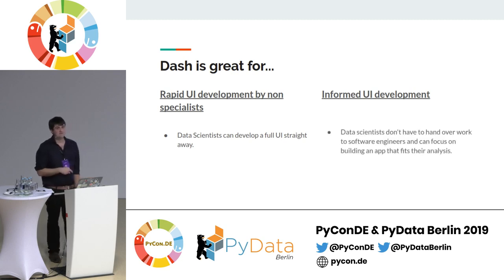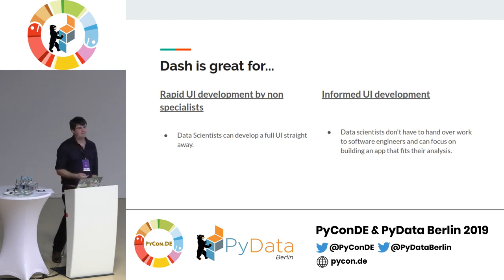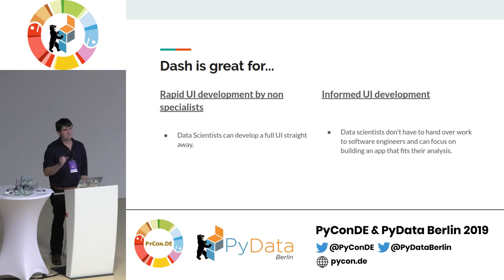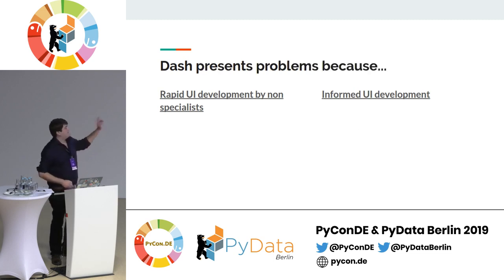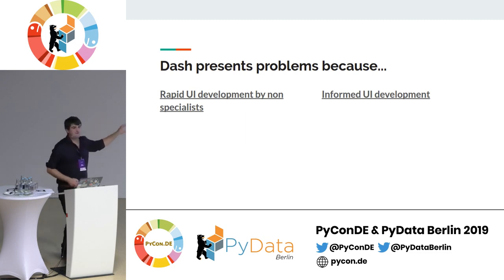And the applications they build are actually very informed as well. They don't have to hand over work to, say, a software engineer or a front-end developer who isn't as interested in the data science aspect as they are in the UI development aspect. But at the same time, Dash presents quite a few problems because it's really rapid UI development by non-specialists.